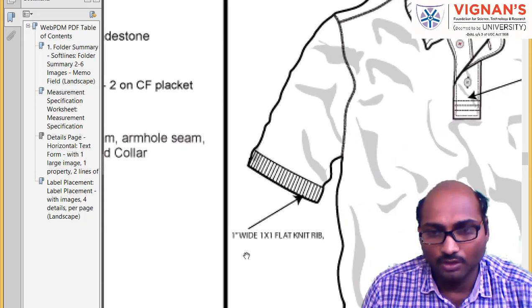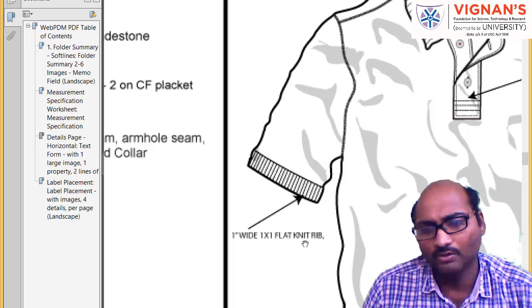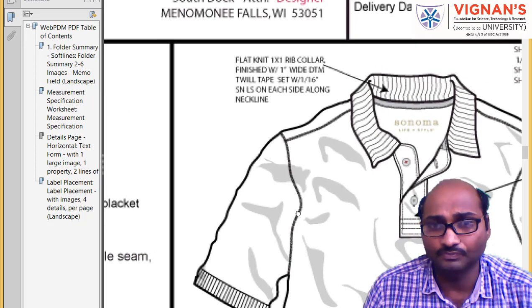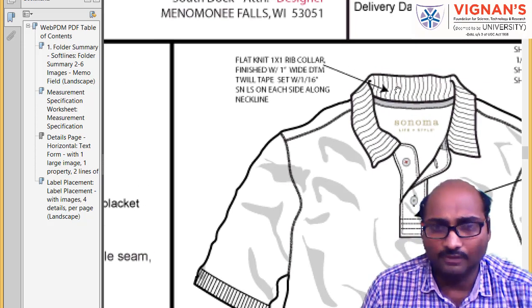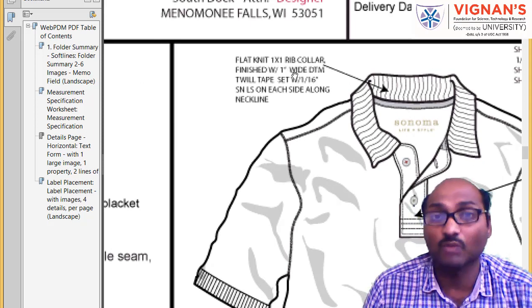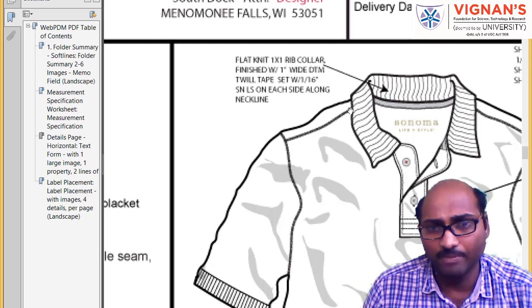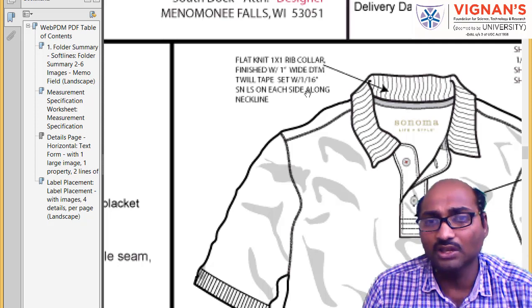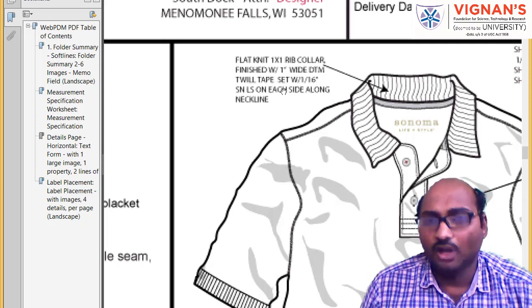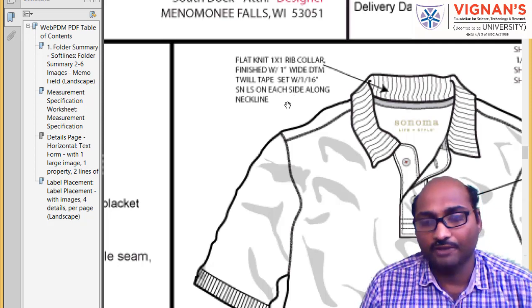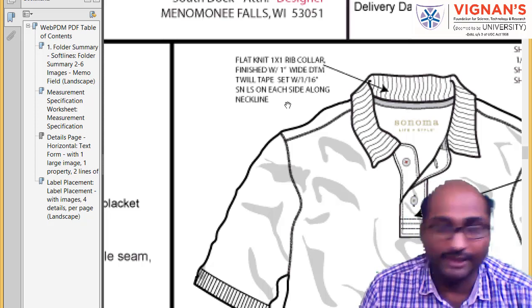Okay, so here also this rib should be 1 inch wide, 1 up 1 down, flat knit rib. So collar flat knit 1 by 1, finished with 1 inch wide DTM, means die to match, twill tape, set with 1/16 single needle lock stitch on each side along the neckline.